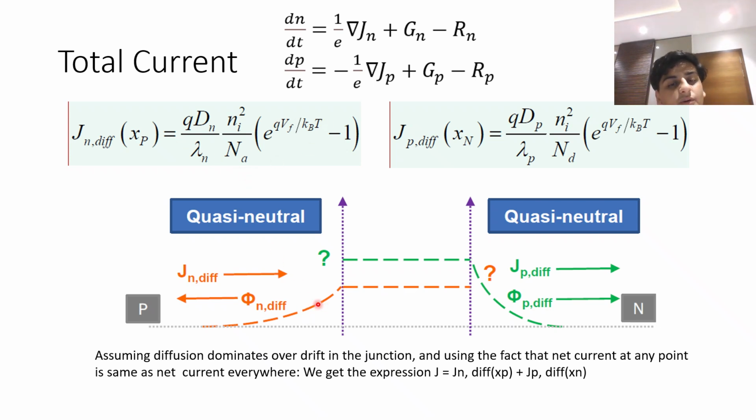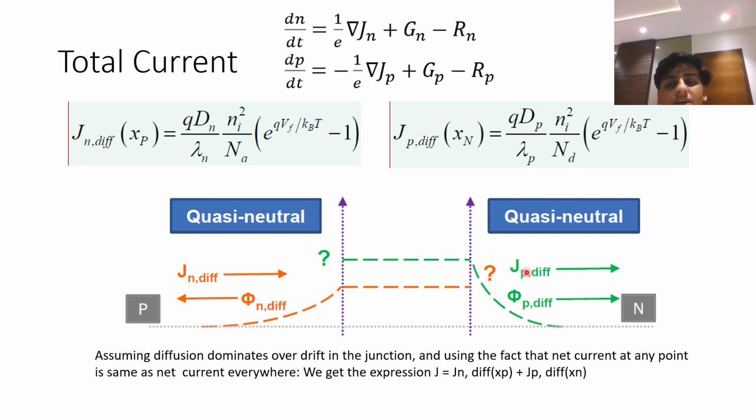Electrons diffuse from right to left, which corresponds to a current from left to right. So that is one component. The next assumption we take is that diffusion dominates over drift. So we don't need to consider drift of either electrons or holes, which means I simply need to add this to the diffusion of the holes.